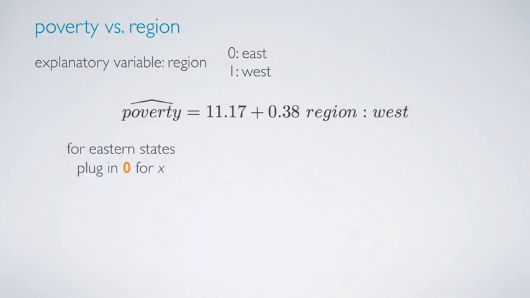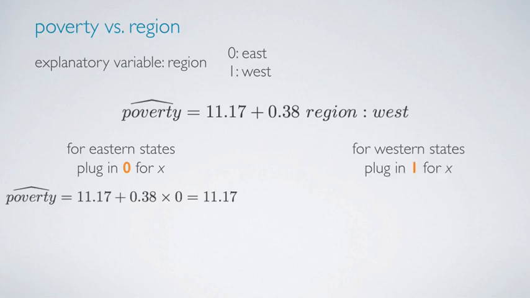So, for states that are on the eastern side, what we want to do is to plug in 0 for the x variable. So that would give us 11.17 plus 0.38 times 0, just 11.17. So the predicted poverty rate for eastern states is 11.17%. For western states, we plug in the value of 1.